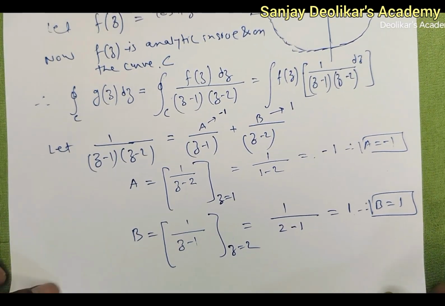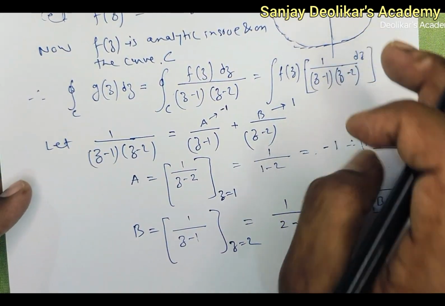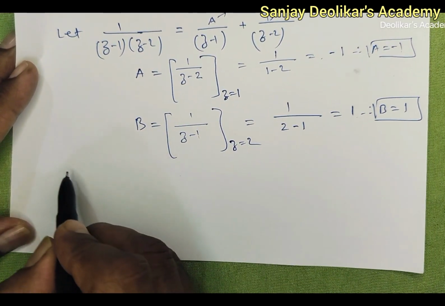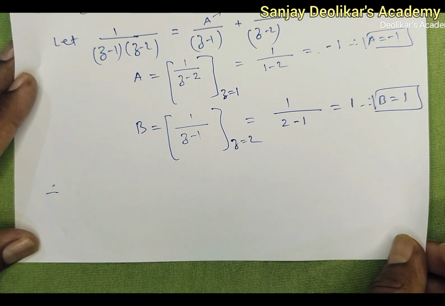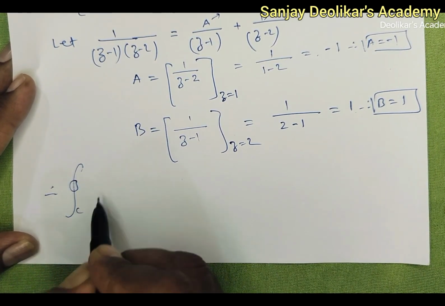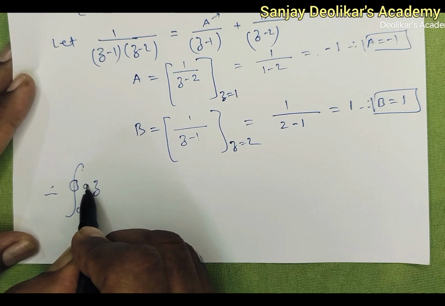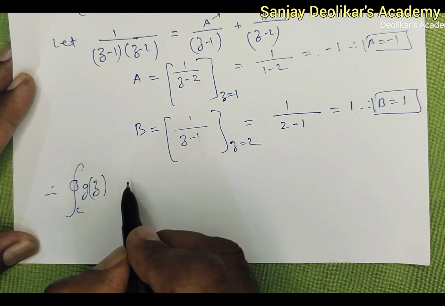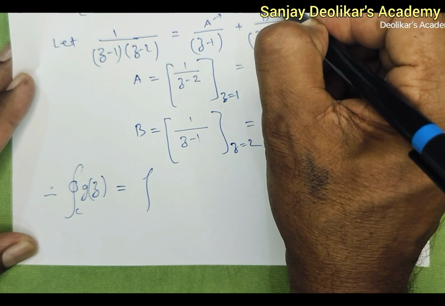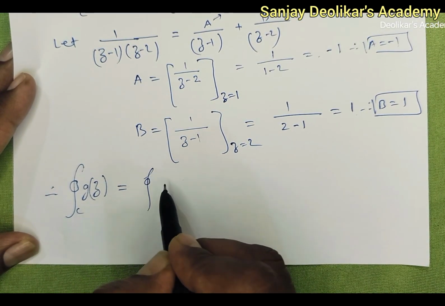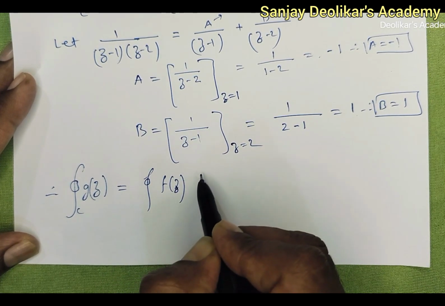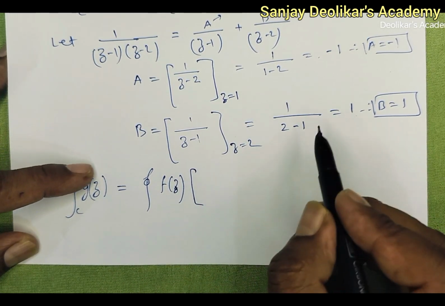Now see how we shall write this. Therefore this integration g of z can be further written as f of z in brackets.